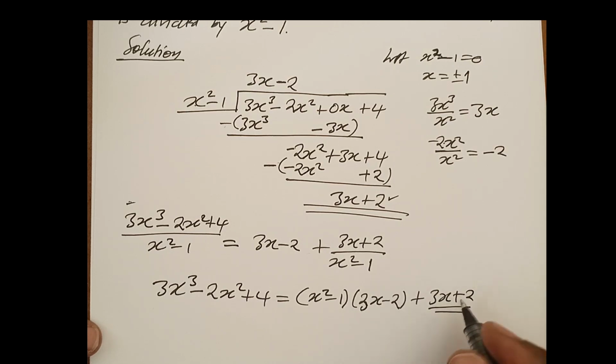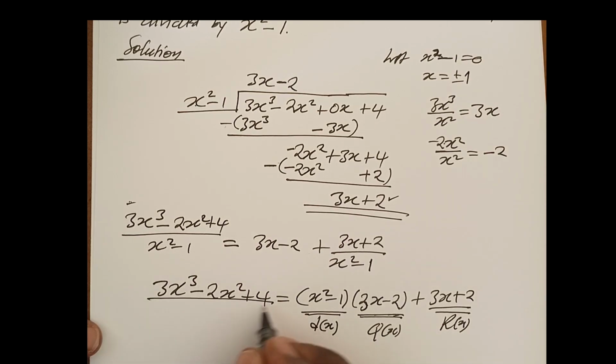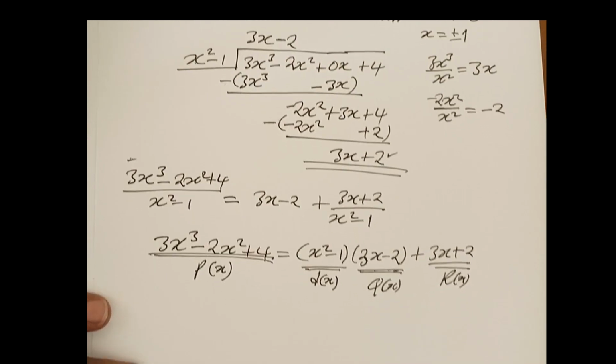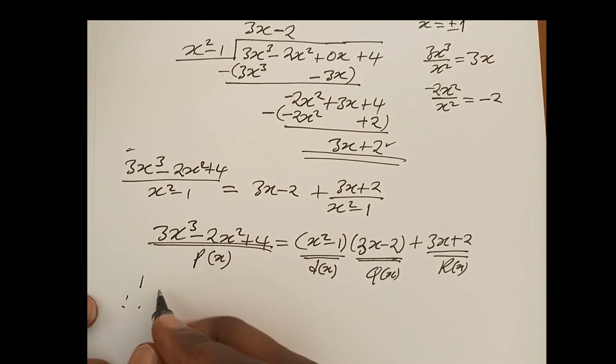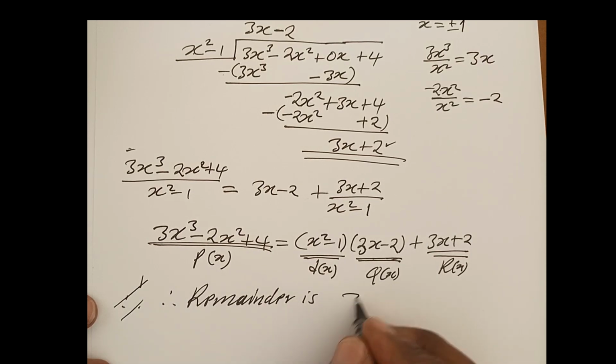This is our remainder, this is our quotient, and this is our divisor, and this is our dividend, usually written as p of x. So the remainder, therefore, is 3x plus 2. This is your remainder.